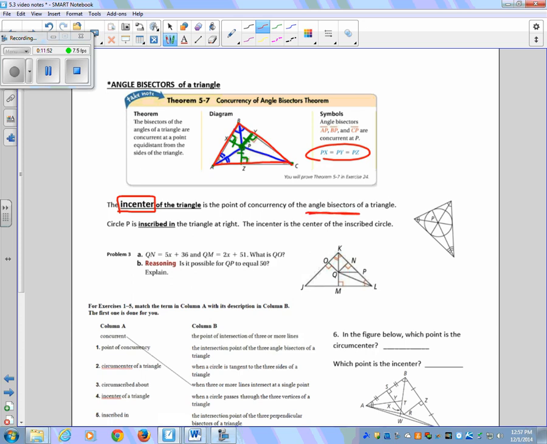And now if we're talking about an inscribed circle, if you take any triangle, you could fit a circle inside the triangle so that it just skims the edges of all three sides of the triangle. That's called an inscribed circle.